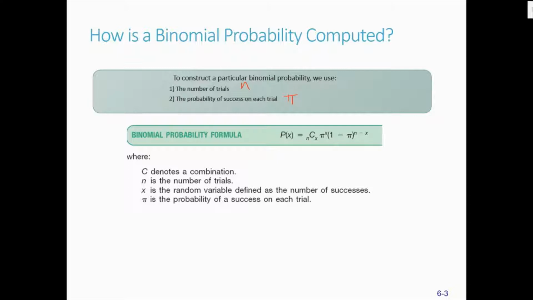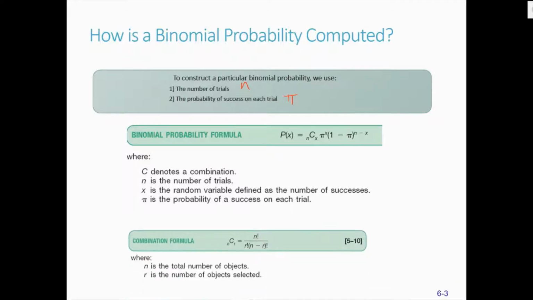Now, what are these n's, x and pi's? The first section, the nCx, is from the combination formula, which we have seen in a different video for counting rules of probability.